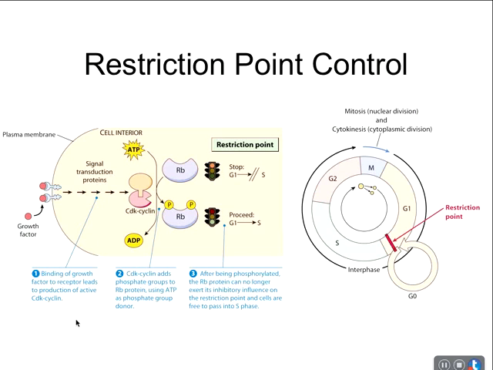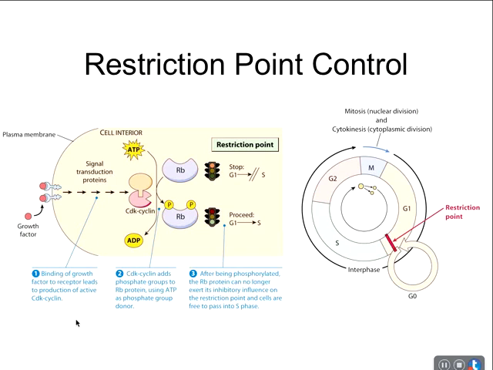He actually blocks movement of the cell into that cell cycle and movement into the S phase. When he gets phosphorylated, he can no longer do his job. He's no longer able to inhibit that restriction point activity.